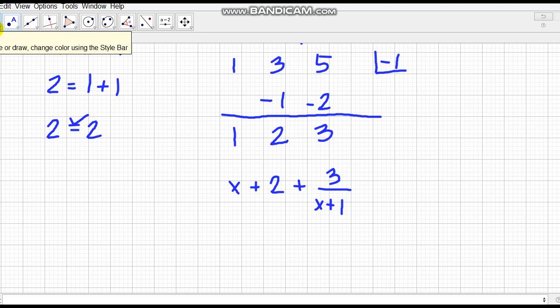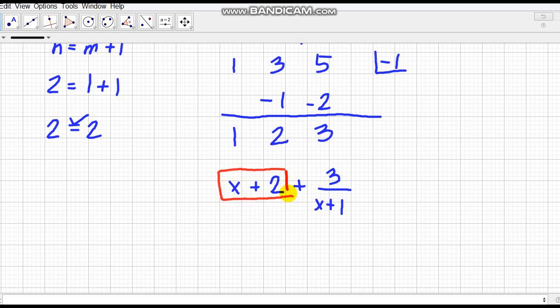Now, the oblique asymptote here is only this part. We're going to remove the remainder. Therefore, the oblique asymptote is y equals x plus 2.